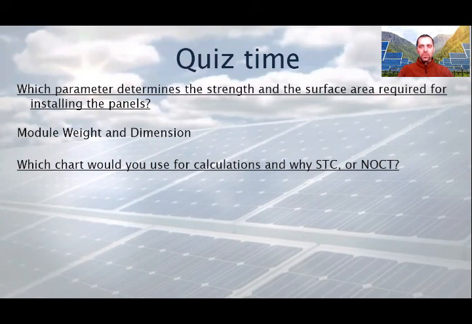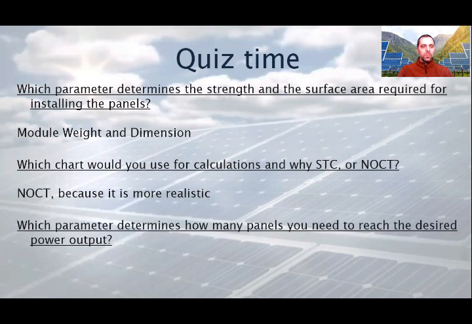STC or NOCT? NOCT, because it is more realistic. Which parameter determines how many panels you need to reach the desired power output? The peak power.